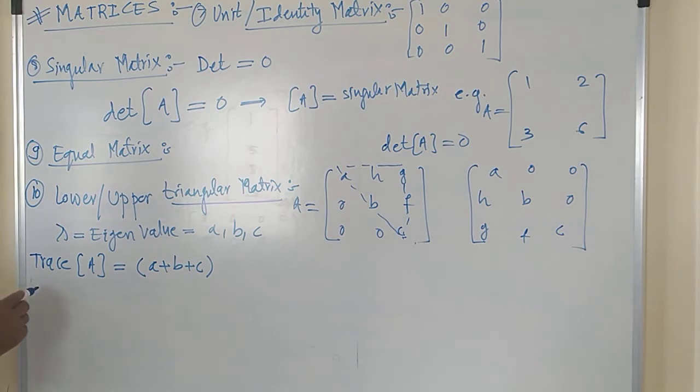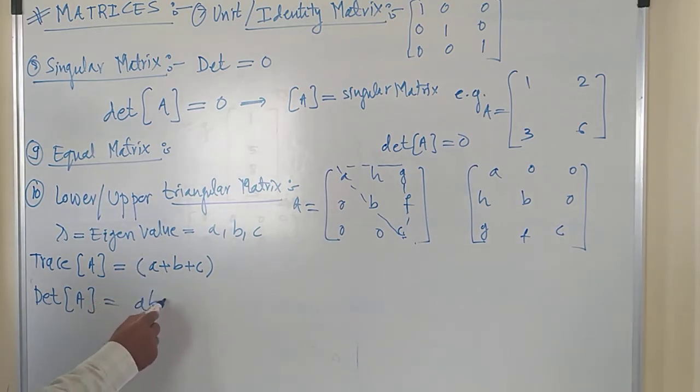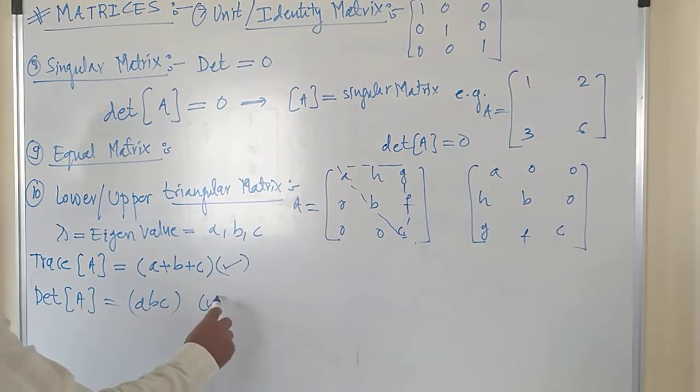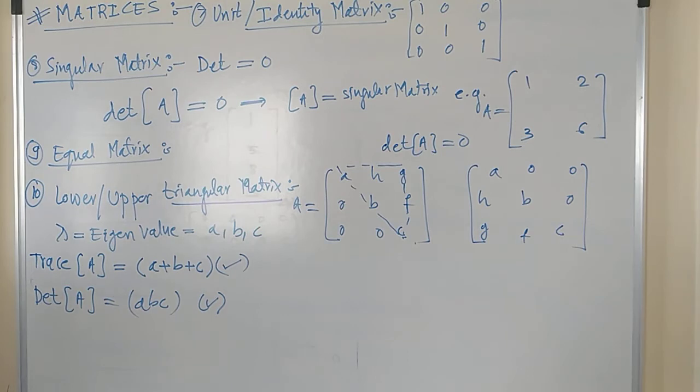And the determinant of the matrix A is equal to the product of eigenvalues. What are its eigenvalues? Eigenvalues are A, B, C, right? So these two are very important properties of these matrices: the trace and the determinant. Based on this, you can find various examples in the various competitive exams, right?